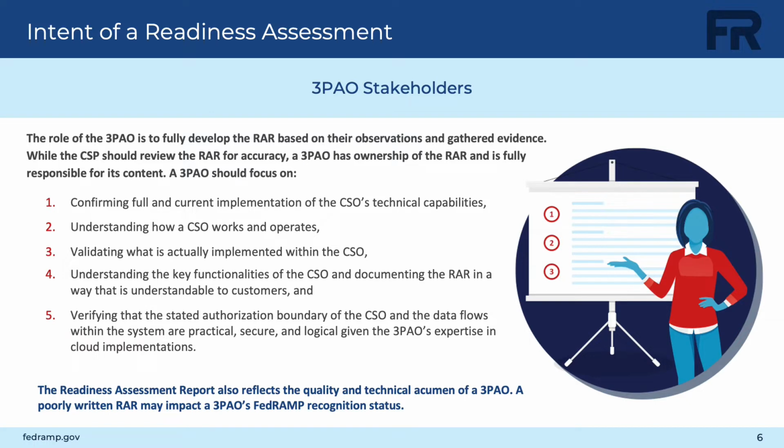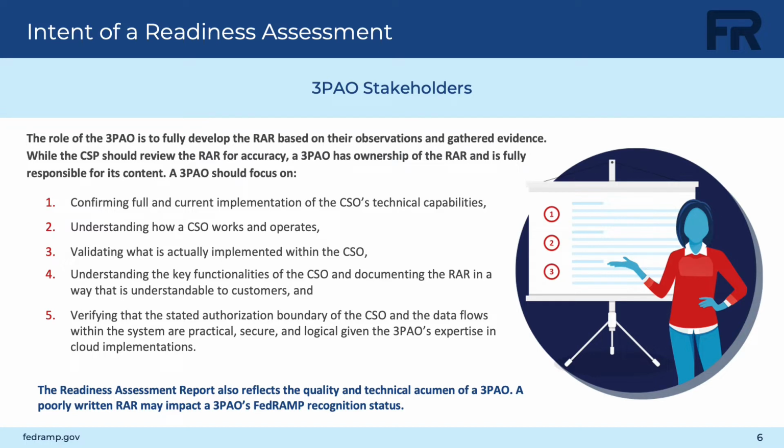This is by far the biggest hurdle for the CSPs to obtain a FedRAMP authorization. The RAR does require some evidence gathering by a 3PAO, but does not require having 100% of the documentation completed by the CSP. To complete a RAR, the 3PAO should focus on the following.